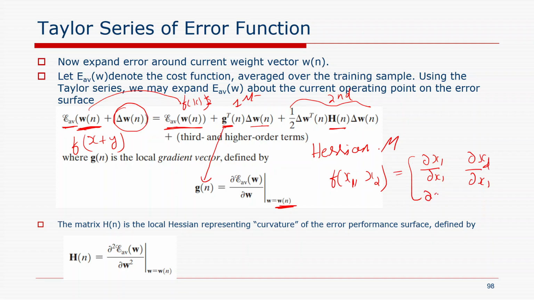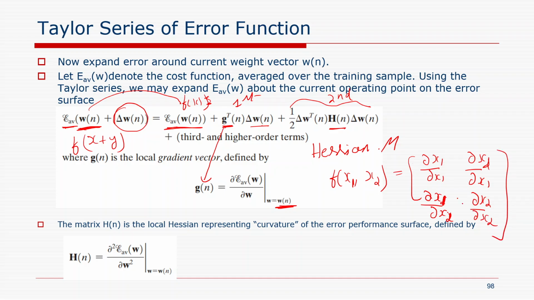And next, x2 with respect to... I think I'm going in the opposite way. Okay, I should interchange this one. I got it: x1 with respect to x2 and x2 with respect to x2.